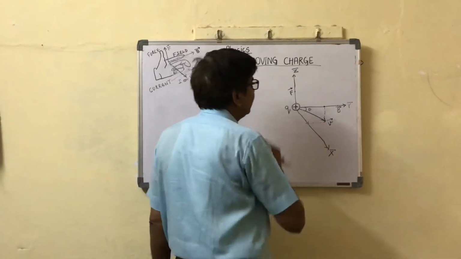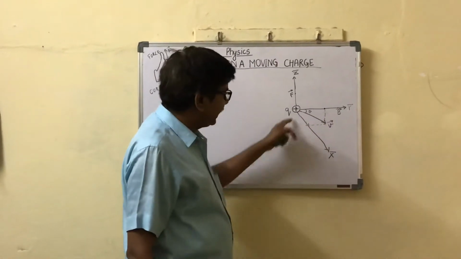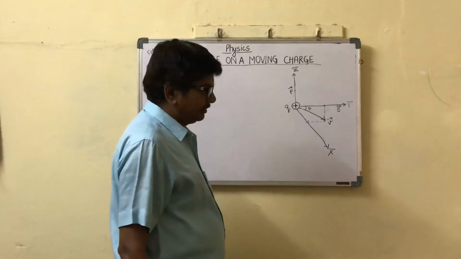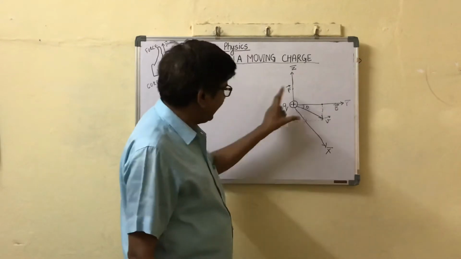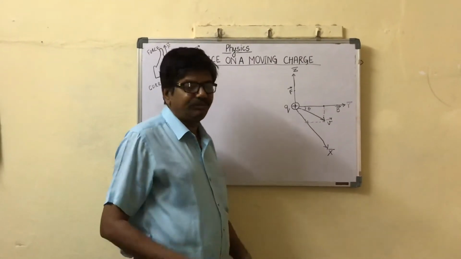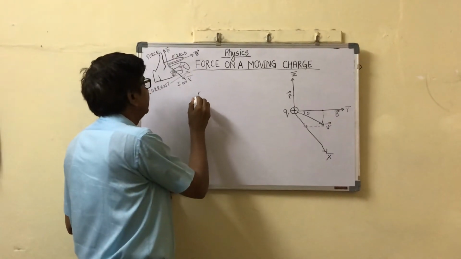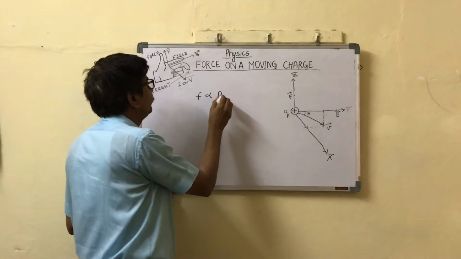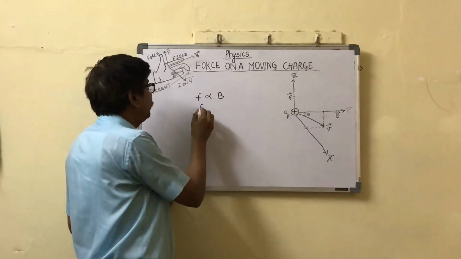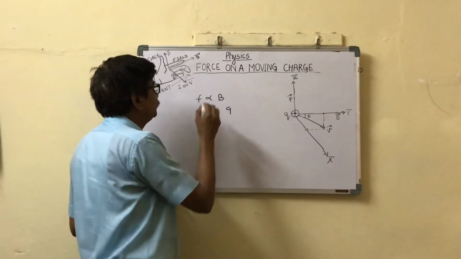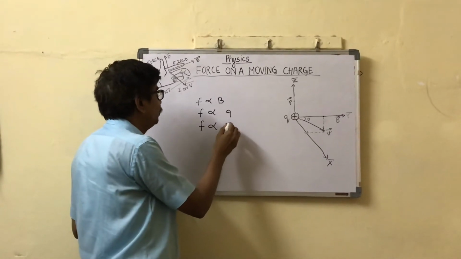Let theta be the angle between V and the direction of B. It is found from experiment that a force acts. This force depends on, first, F proportional to B, the magnetic field; second, F proportional to the magnitude of charge Q; and third, F proportional to V sin theta.